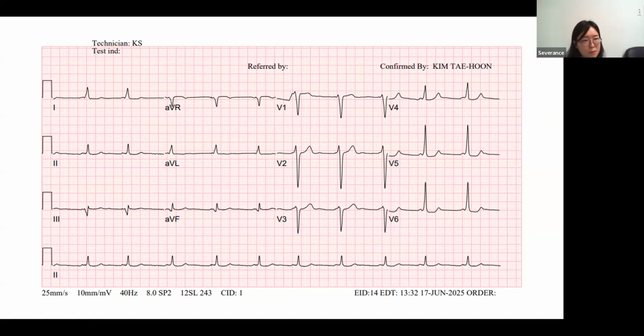But if it is truly a free wall accessory pathway, usually it is away from the His bundle, so the delta is more augmented, with wide QRS. If it is septal, it is narrower than the free wall bypass. In this patient, the ECG algorithm looks like a right-sided free wall bypass tract, but the QRS is a little narrow.